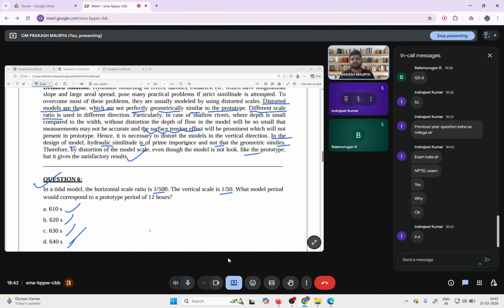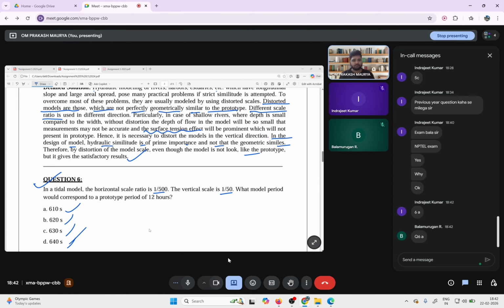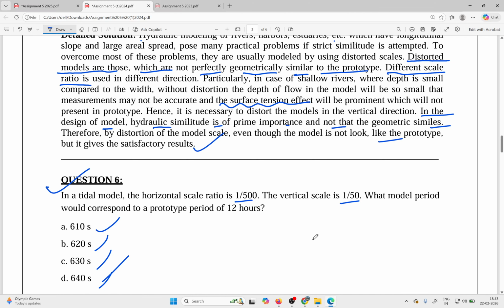For question number 6, okay, Bala is also telling option A. Already we have seen the time relation with the scale ratio. Here we will also use the Froude number similarity.